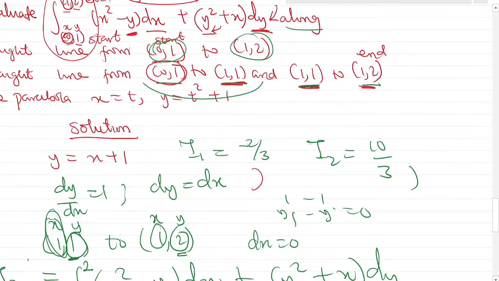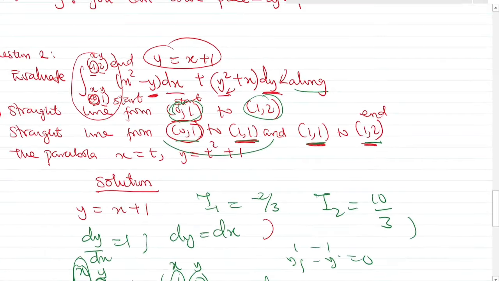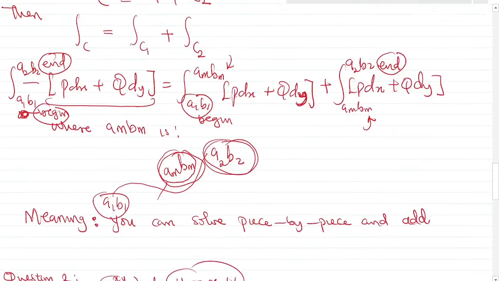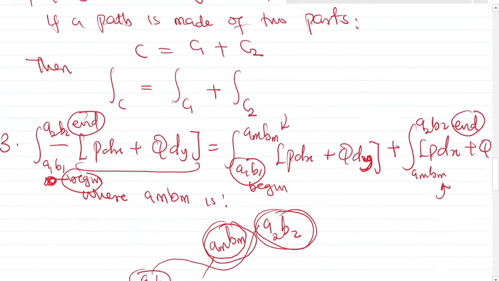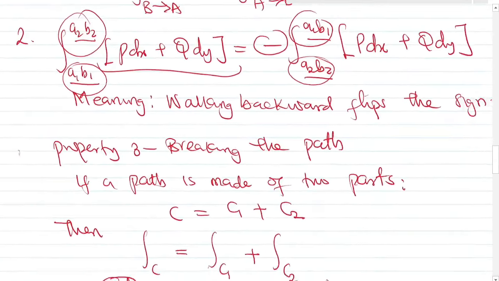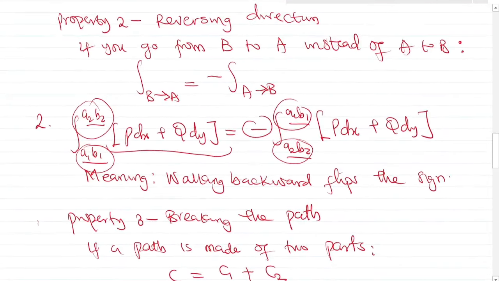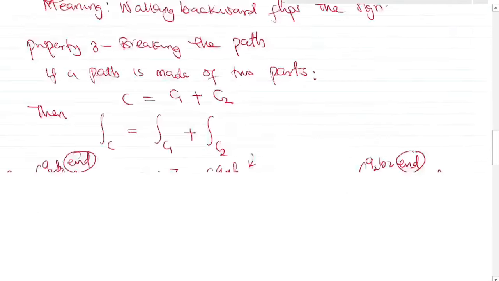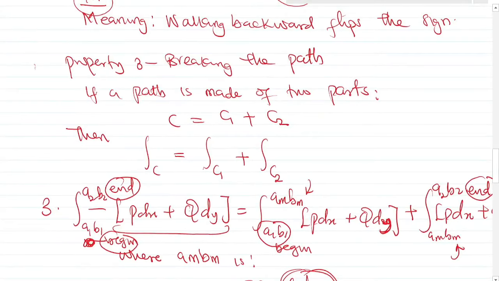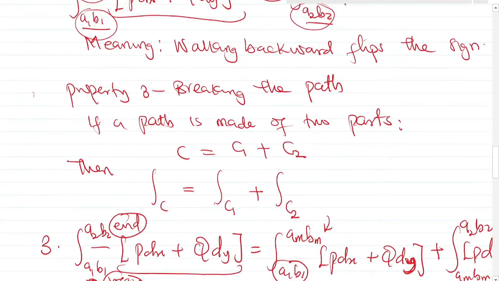And don't forget our property of line integral. There is one we wrote here, of course, you can see. I think it's linearity. No, it's not linearity. I think yeah, this is breaking the parts.